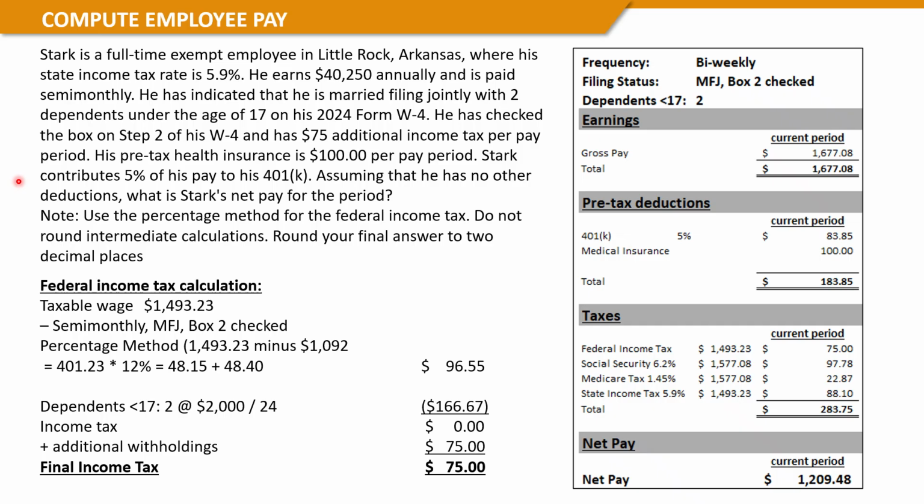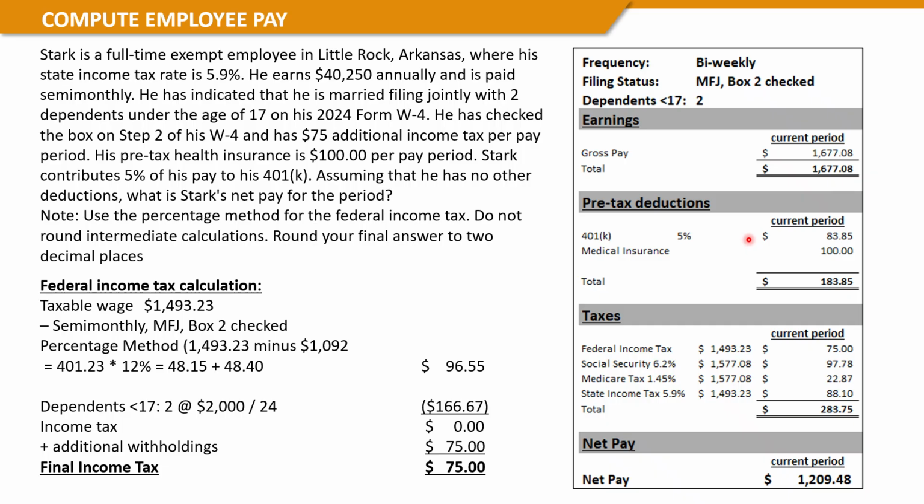Step 1 is calculating the gross pay by dividing the annual salary by 24 because Stark is paid semi-monthly, which results in $1,677.08. Step 2 is to calculate the taxable wages for federal taxes, which means we subtract all pre-tax deductions for health insurance and 401k.